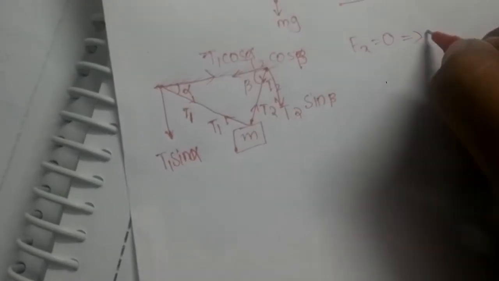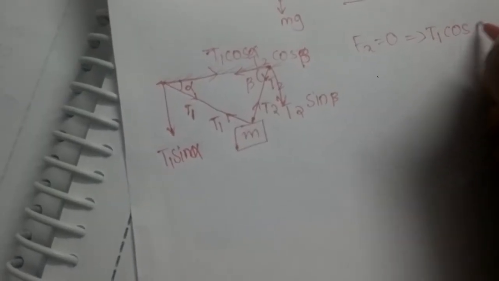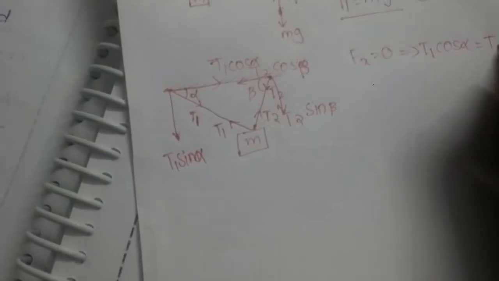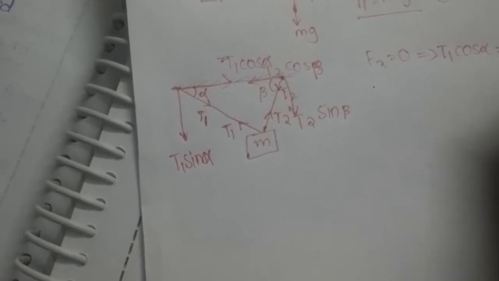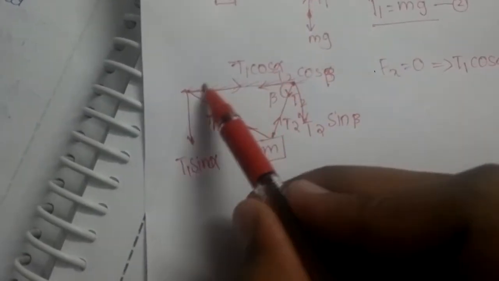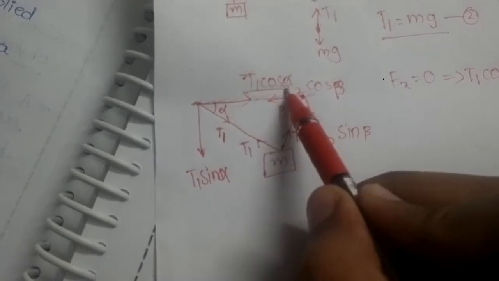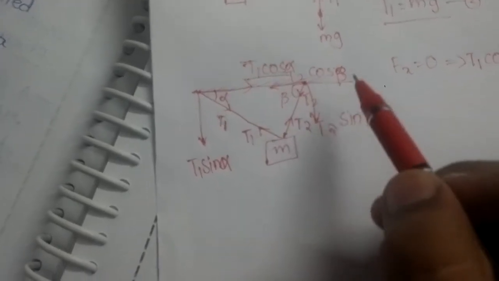Fx is equal to 0 implies T1 cos alpha is equal to T2 cos beta. Here we can see that the horizontal forces are only T1 cos alpha and T2 cos beta.